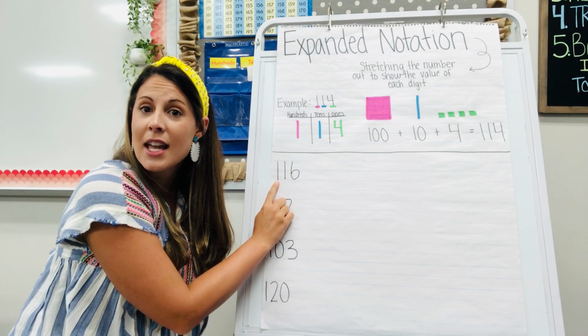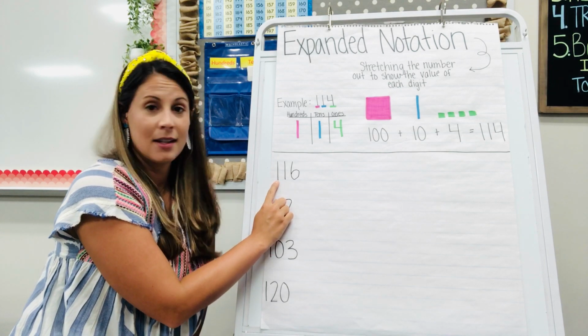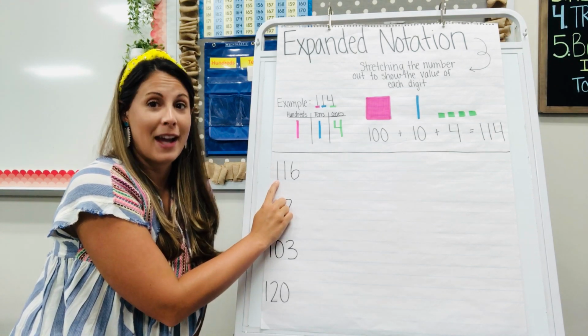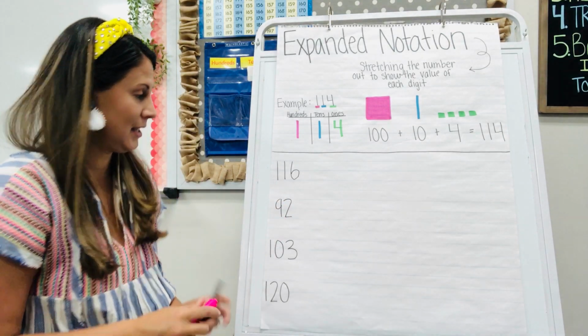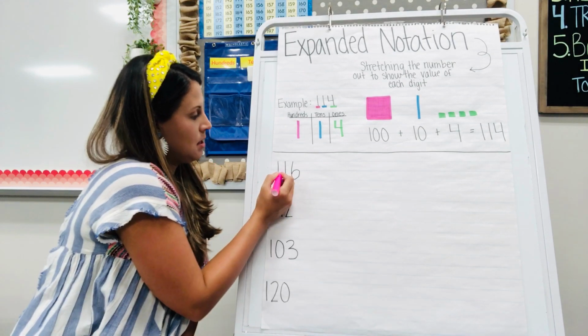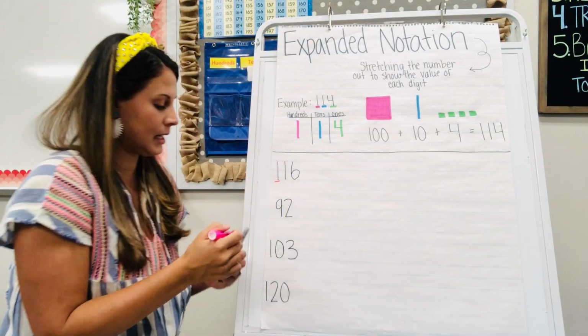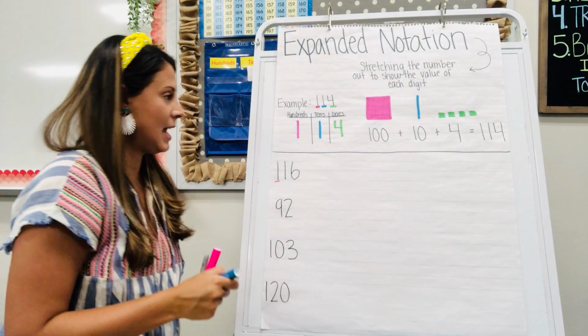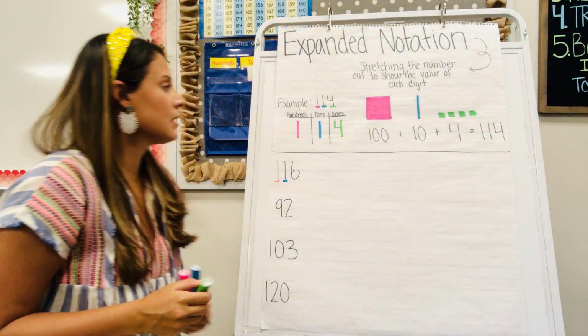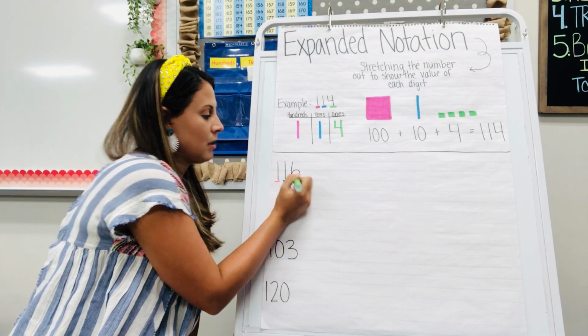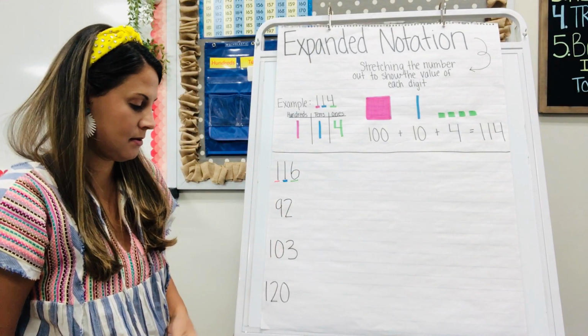Is it the hundreds, tens, or ones? Hundreds. When we have 3 digits, the first digit is your hundreds. So my hundreds I'm going to underline in pink. My tens I'm going to underline in blue. And my ones I'm going to underline in green, just to help us out a little bit.